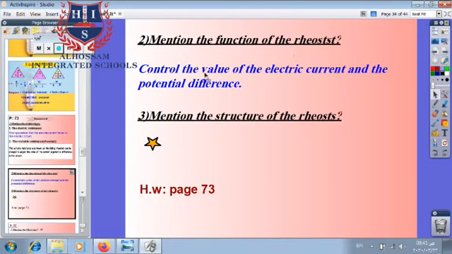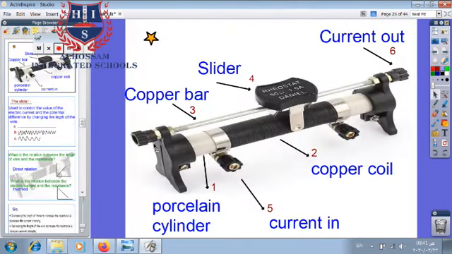Second question, define the variable resistance or rheostat. Do you remember? The variable resistance or sliding rheostat can be changed to adjust the value of the current and potential difference in the circuit.